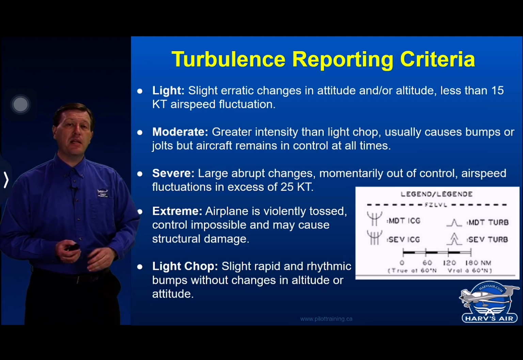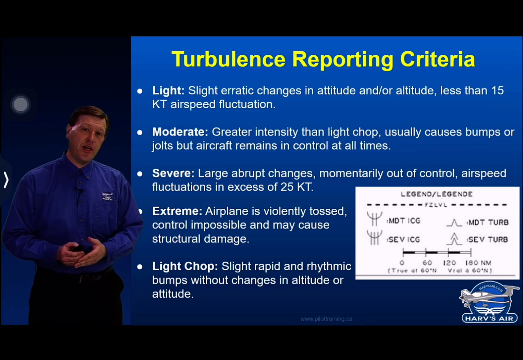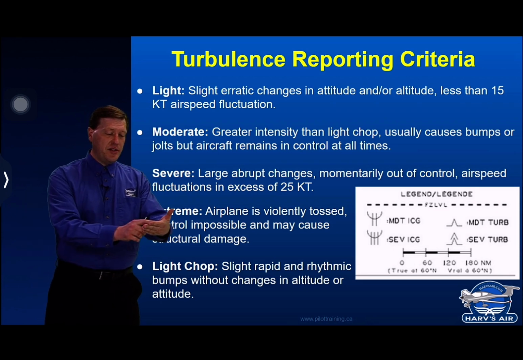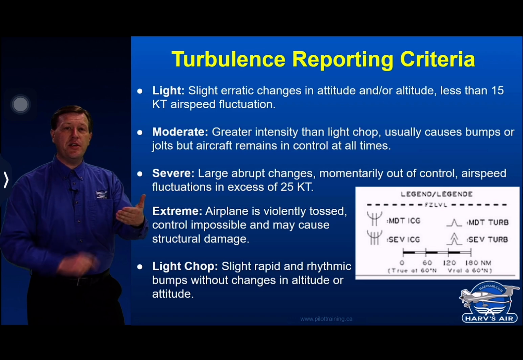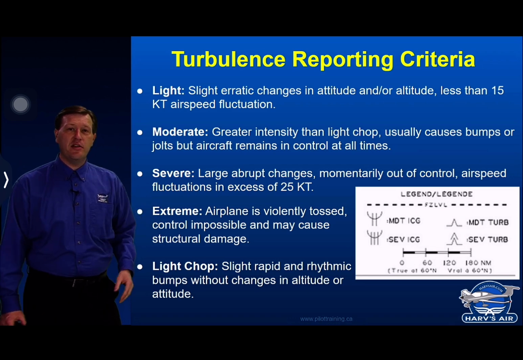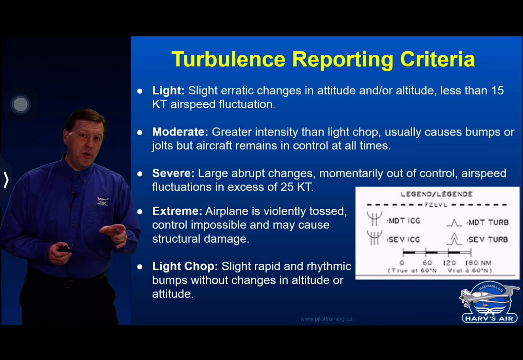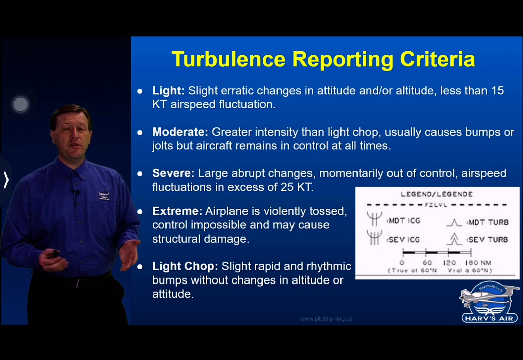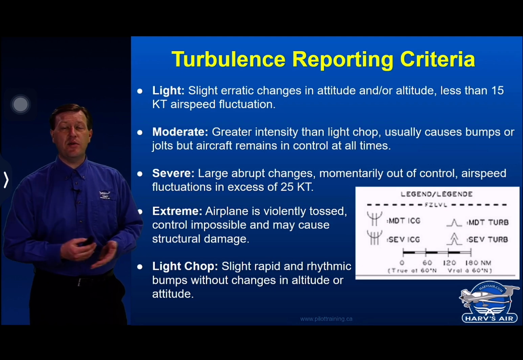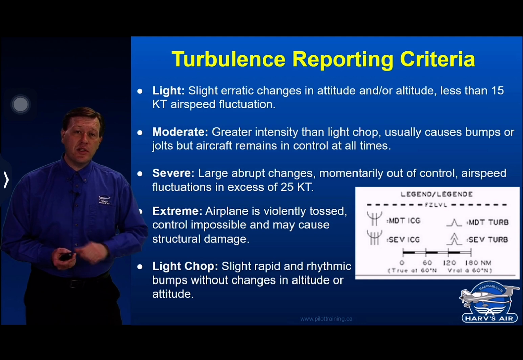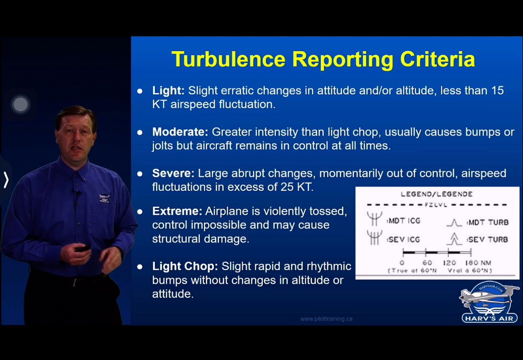For example, let's say I'm about to go on my cross country, and I read a PIREP that says an A320 reported moderate turbulence in this area. If an A320 reports moderate turbulence, and you're flying in your little 172, 152, Katana, Cherokee, whatever it may be, what do you think the turbulence is going to be like for you in that little airplane?